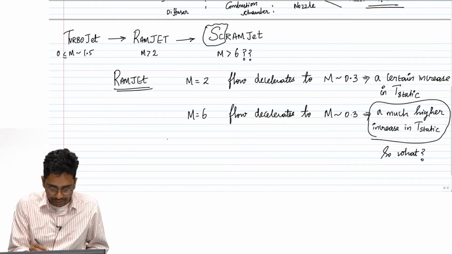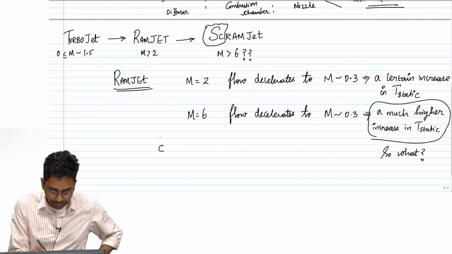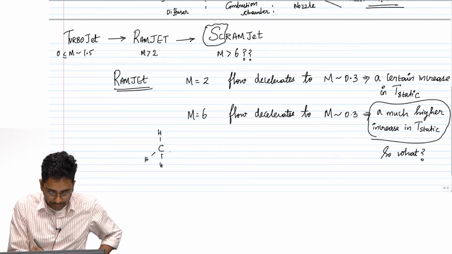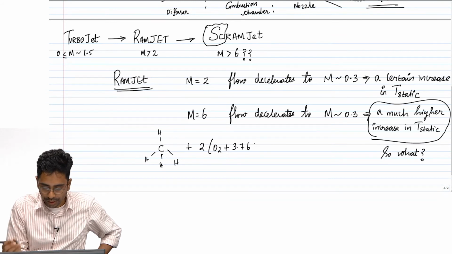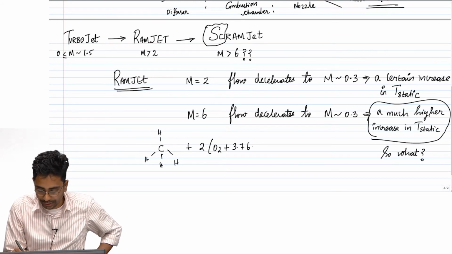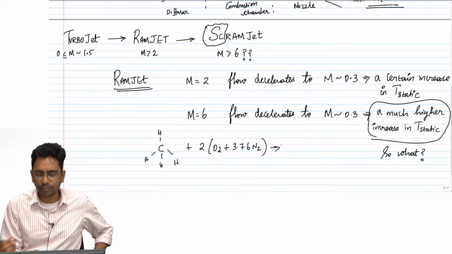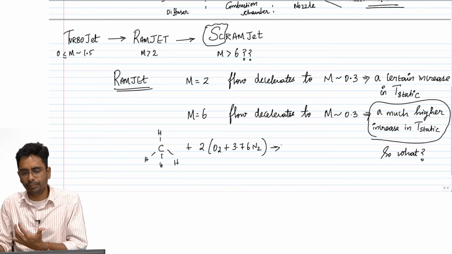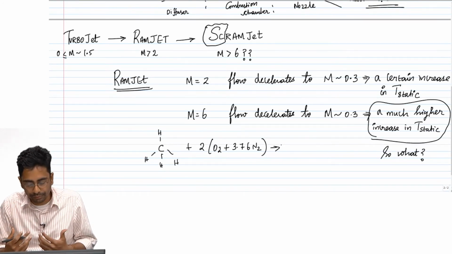Remember that any combustion reaction, let us take methane for simplicity, CH4 plus air, which is 2 moles of oxygen, comes with this many moles of air, gives you roughly CO2 and 2 H2O. I am just using this for this purpose alone.